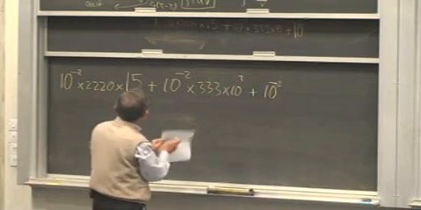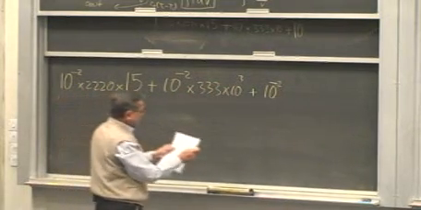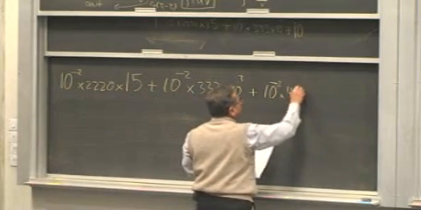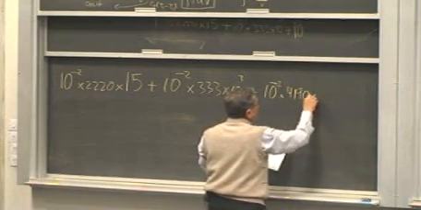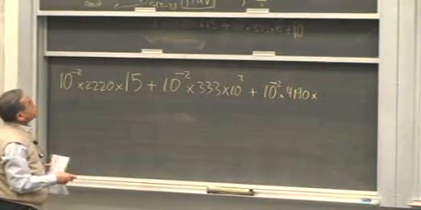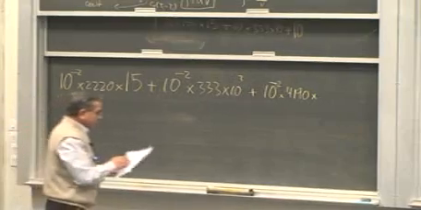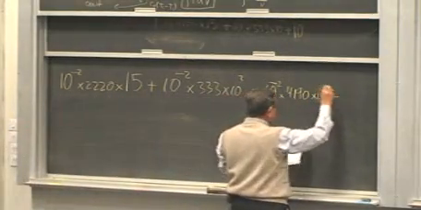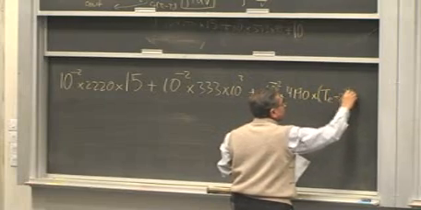Heat capacity of water was 4190 times, now the temperature difference is again TE minus 273.